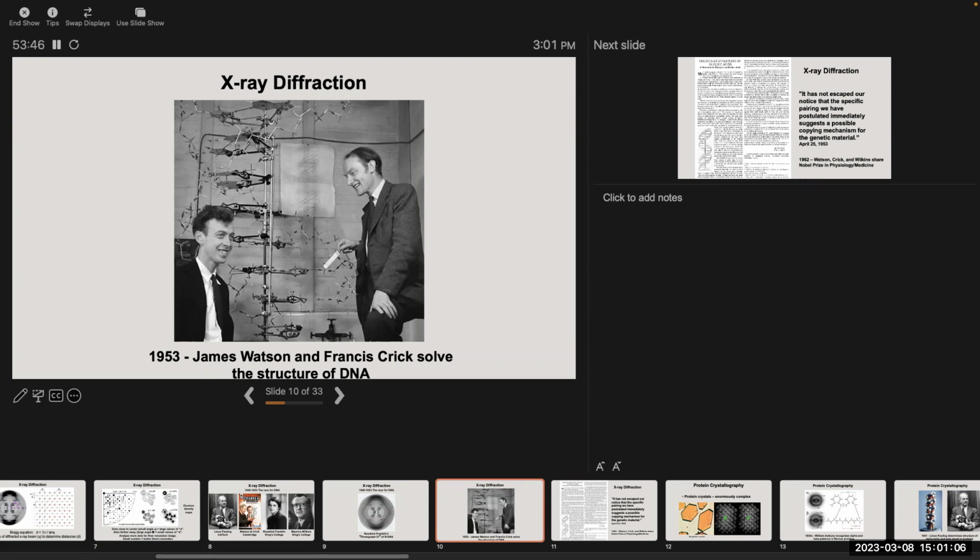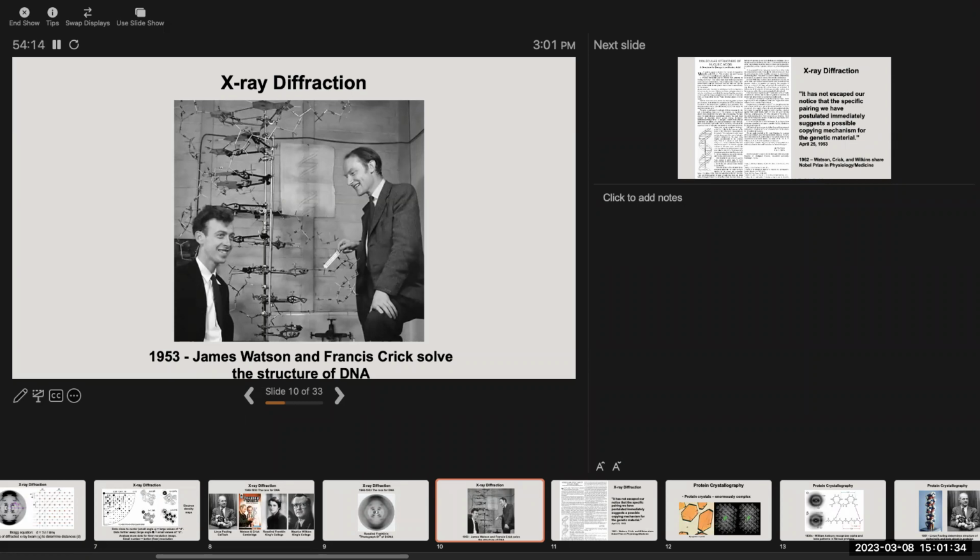And I always forget who's who. I always forget which one's Watson and which one's Crick. But if you look behind them on the wall, there's a little drawing, and I don't know how well it shows up there on the projector, but it's kind of like a ribbon drawing of the double helix. It shows 2 spirals coiling around one another with all the bases in the interior.